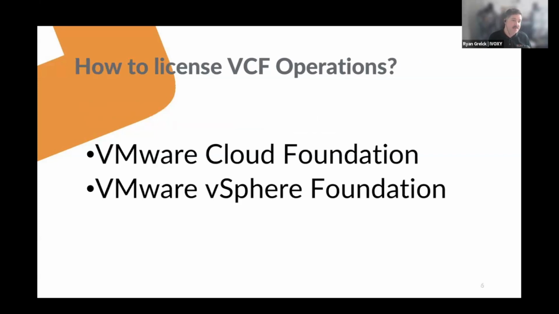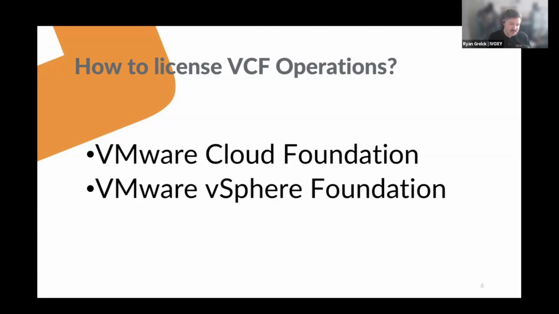And how do you get VCF Operations? Well, unfortunately, you can't buy it separately anymore. You're actually going to need to have two different licenses with your VMware license. It'll either come with your VMware Cloud Foundation license, and that will come with the full VMware VCF suite, a VCF operations suite.